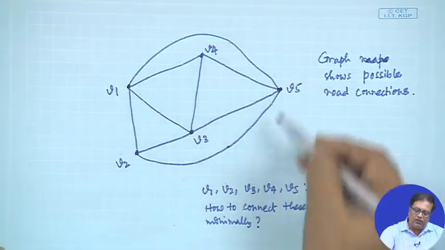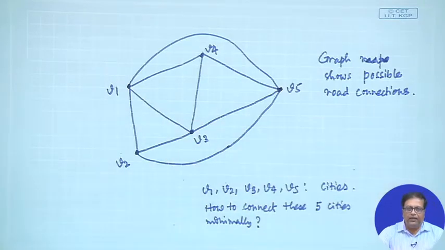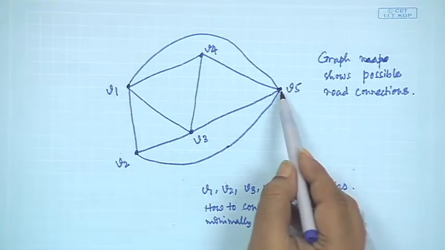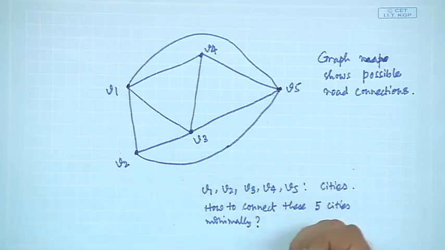These roads are not actually there, these are the roads that could have been built, but our budget is limited and we must give the minimal connectivity, so that any person in any of these cities can go to any other city, there is a path available. So, how to do that, how to minimally connect them? That is an interesting question, we will come back to that question a little later.